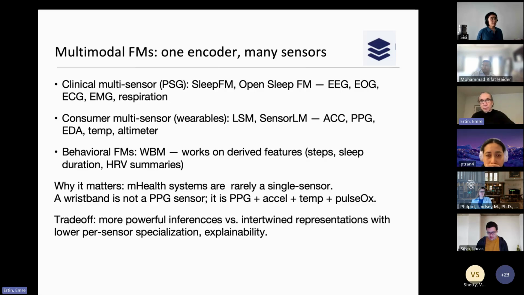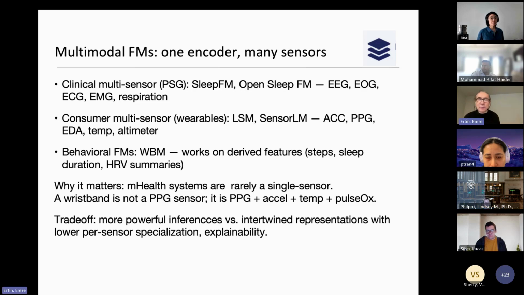And now these are propagating into consumer-level wearables, which also provide multiple streams, like accelerometry, photoplethysmography, galvanic skin response, how much your skin is conducting, temperature, and altimeter, etc. So these are the second class of multimodal foundation models.